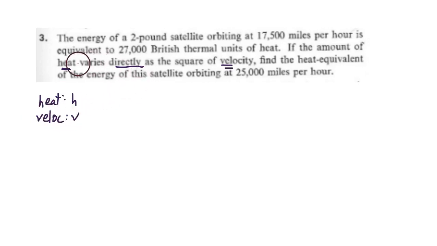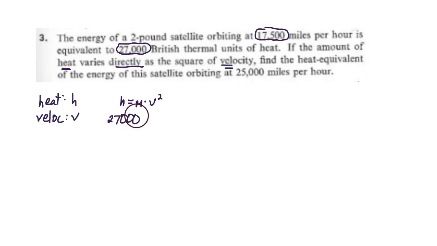So the sentence that says heat varies directly as the square of the velocity can be written as H equals m times V squared, where m is some number that we have to figure out. Now in the very first sentence, it gives us a value for heat, 27,000 BTUs of heat, and it gives us a velocity, 17,500 miles per hour. Let's make those substitutions.